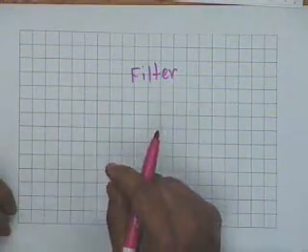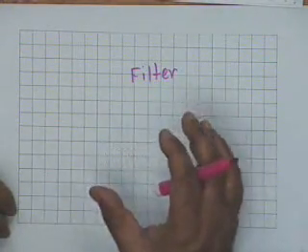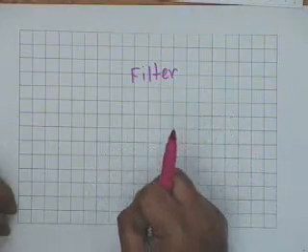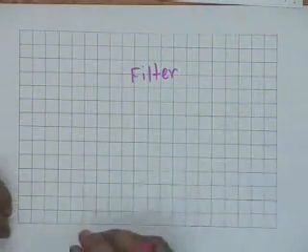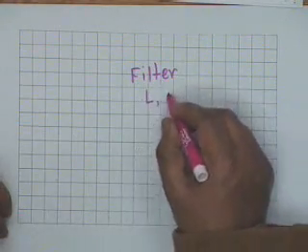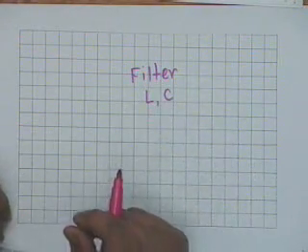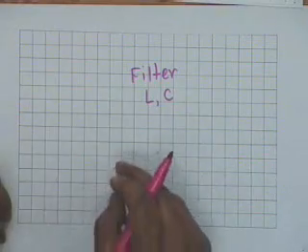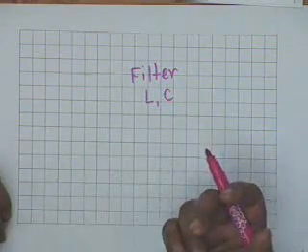A filter, that is, a circuit which retains the DC and filters out the AC. Now, the filter usually consists of energy storage elements, inductance or capacitance or both, L and C.